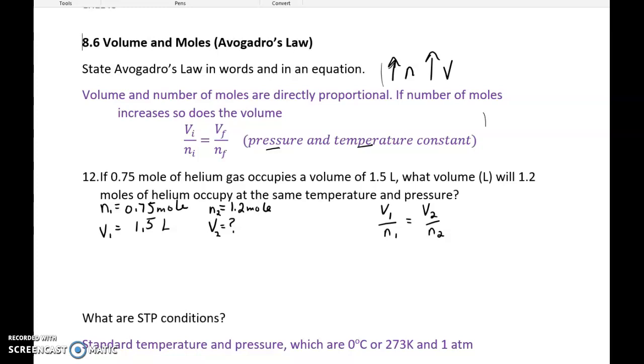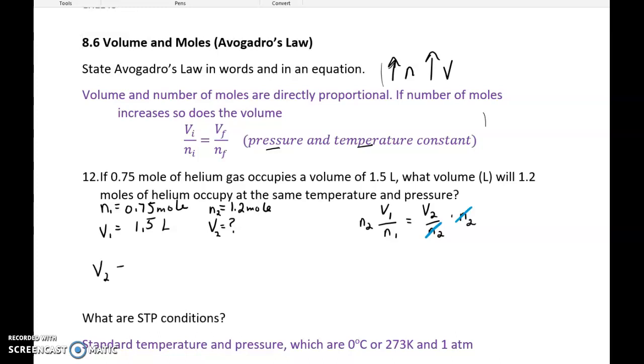Okay, we do not have the second volume, so if we multiply both sides by the number of moles 2, we'll be able to cancel out N2, and that leaves us with V2 by itself. I'm going to rewrite this.